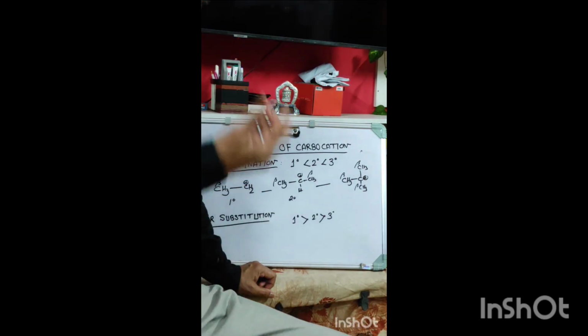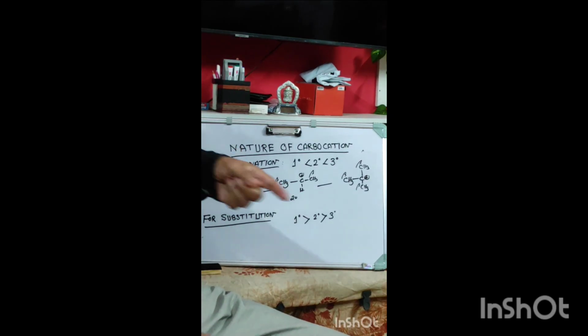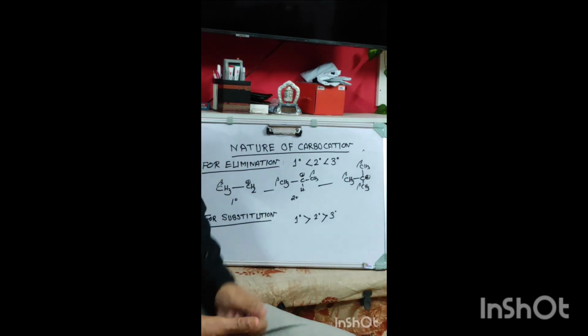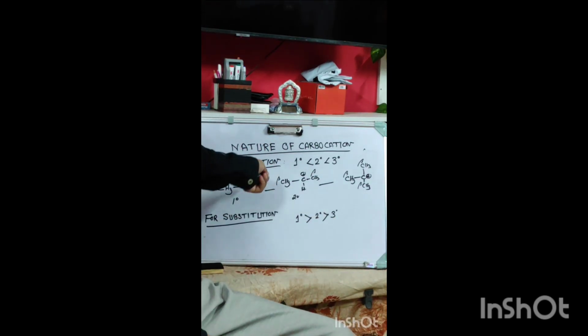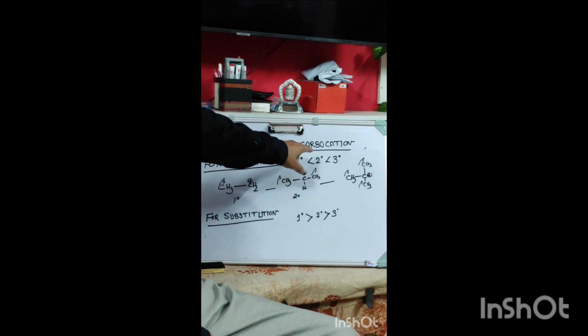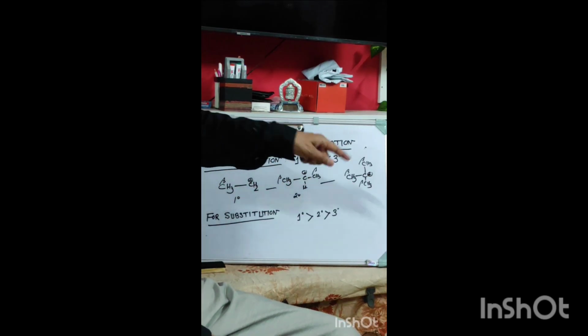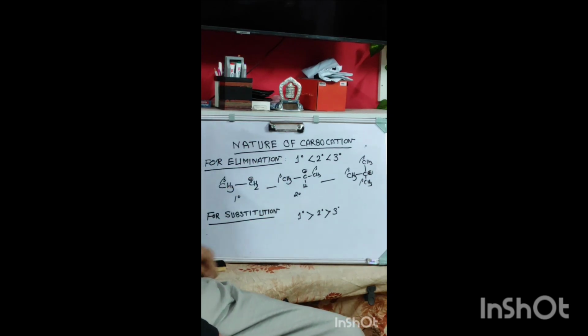Now, the nature of the carbocation also decides the rate of reaction for elimination as well as substitution. Reaction conditions are the same. Now see, for elimination reaction, 1 degree is less than 2 degree is less than 3 degree. Now see the board.